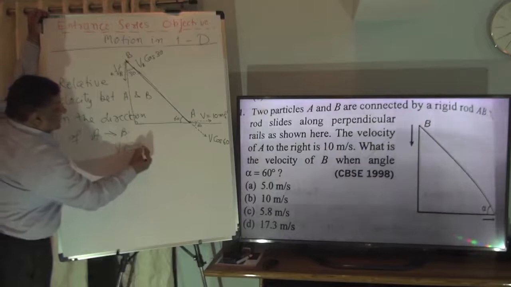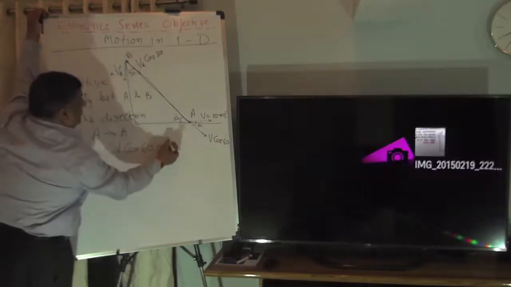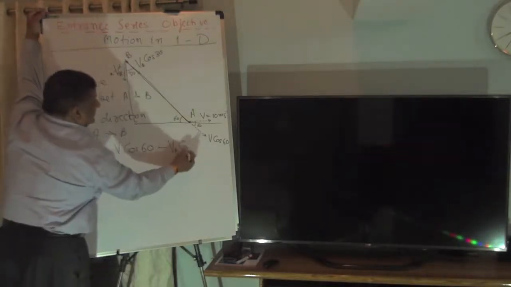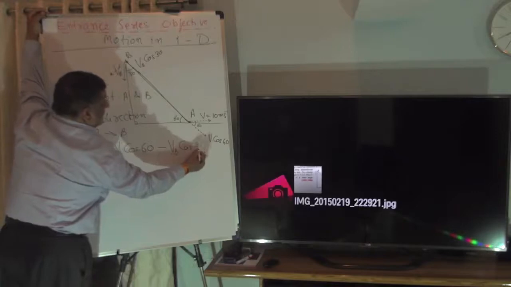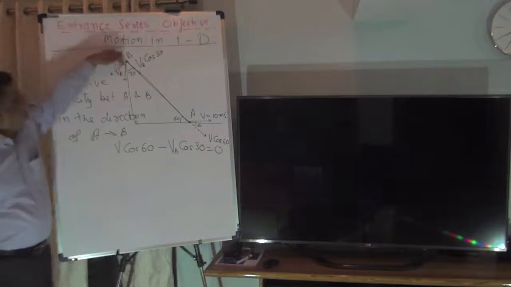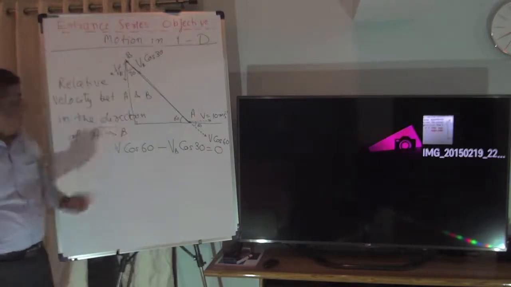V cos 60 minus VB cos 30. This is the relative velocity, and how much is it? It is 0 because this distance is not changing in the direction of the rod.